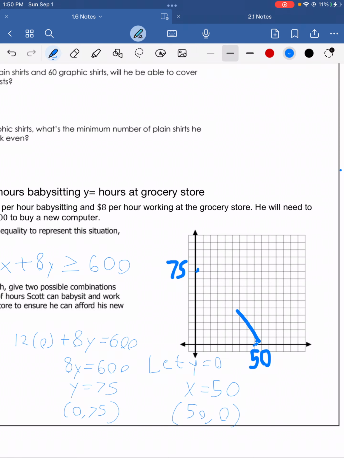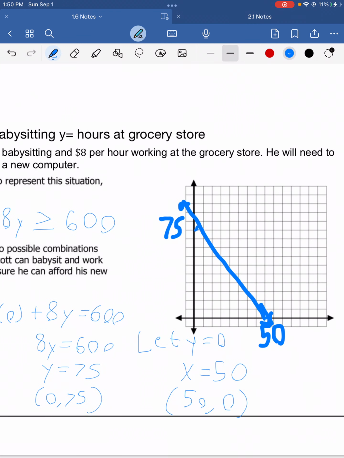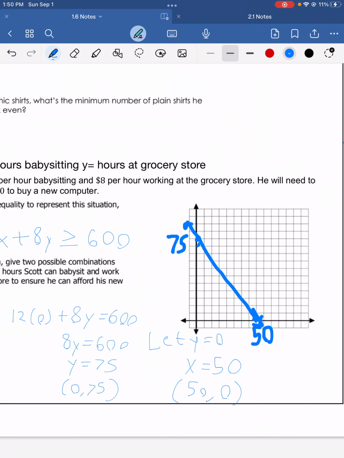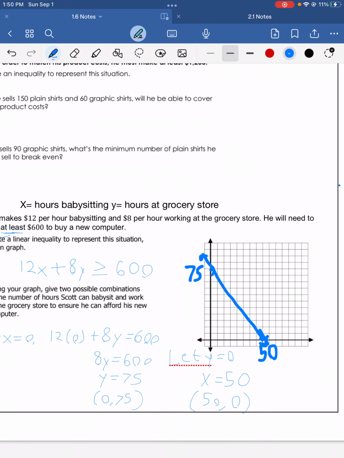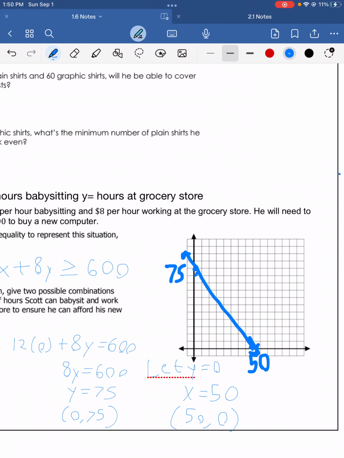And I'm going to draw a solid line between my 2 points. And we're going to shade, because it's greater than, right? So we're going to shade above this line.